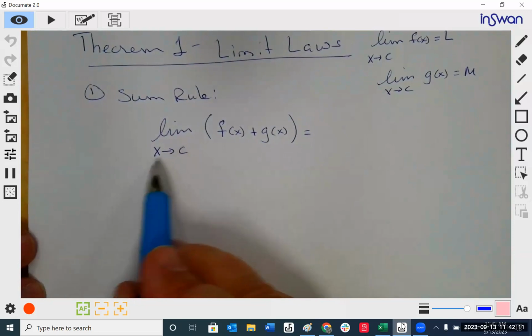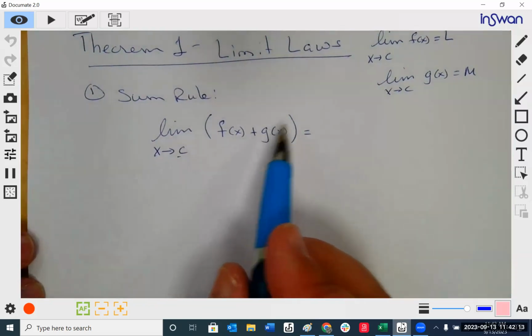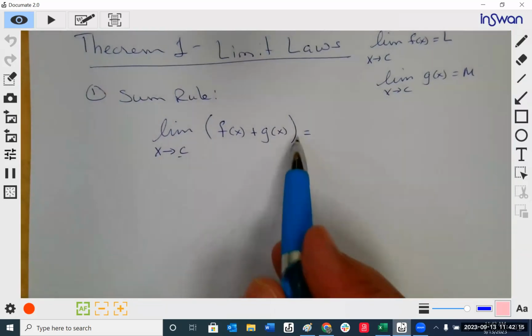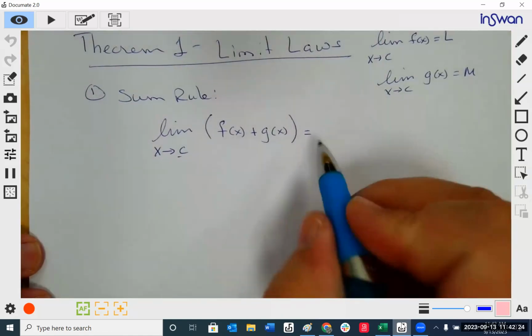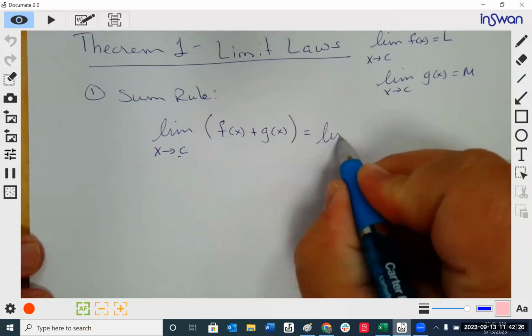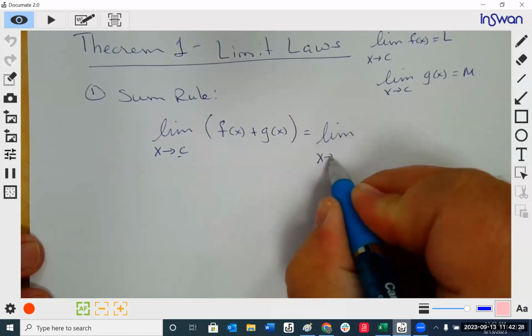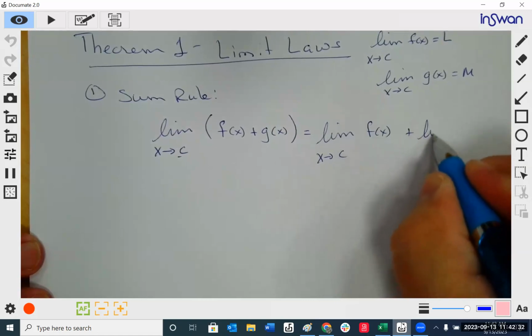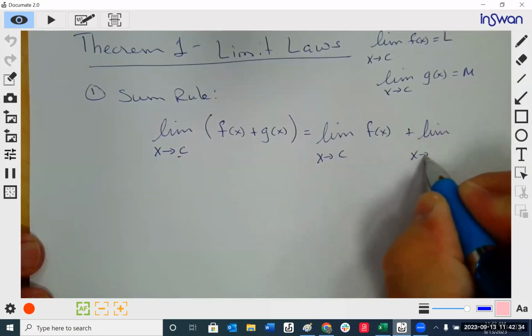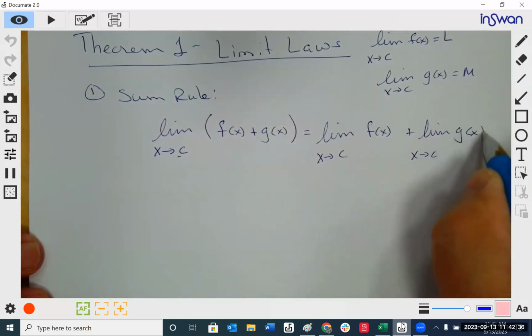The limit as x approaches c of f of x plus g of x. Notice they're inside the parentheses. They're part of the same limit. We can split these up. The limit as x approaches c of f of x plus the limit as x approaches c of g of x.